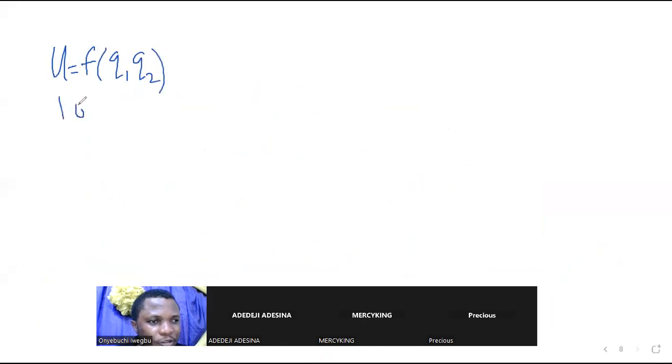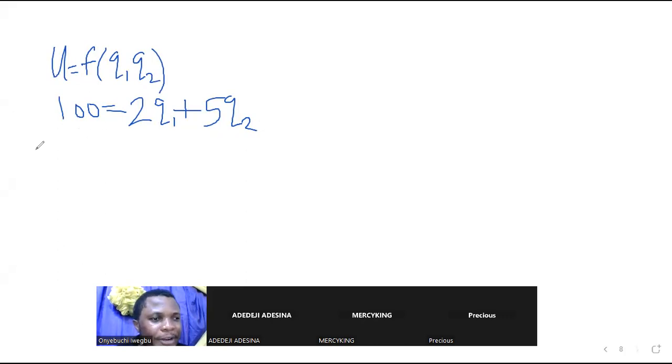My income is 100 naira. What is the price of good one? It is 2. That's Q1. Plus what is the price of good 2? It is 5 naira. That is Q2. Let me confirm that I'm correct. Yes, the prices are 2 and 5, so I'm correct.